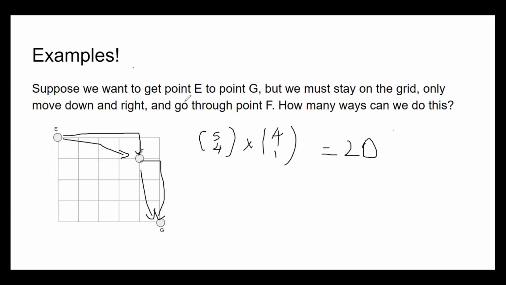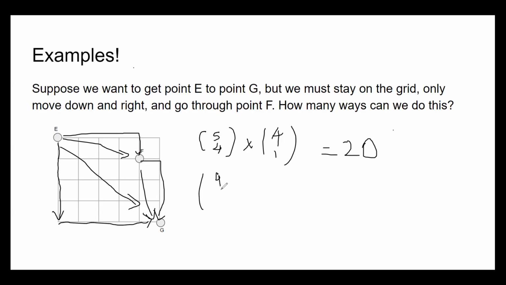And for the next part, I asked, how many ways can you get from E to G without going through F? The only way you can really do that is to calculate the total number of paths from E to G and then subtract 20 from them. There are 1, 2, 3, 4 down and 5 to the right.